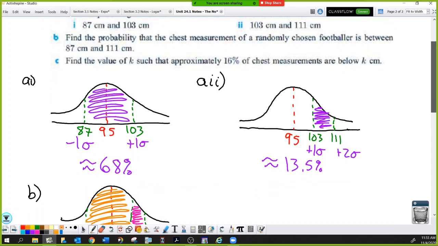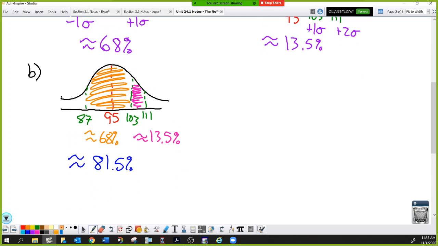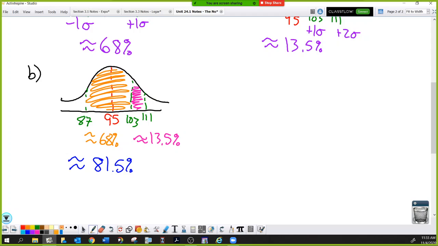So that was B. C: find the value of K such that approximately 16% of measurements are below it. Last one, put right here. It says approximately 16% are below it. I'm so bad at drawing bell curves. Here's my 95.